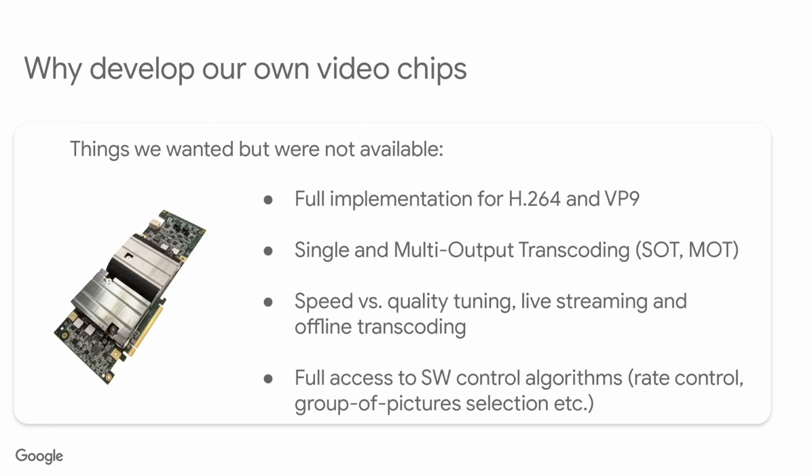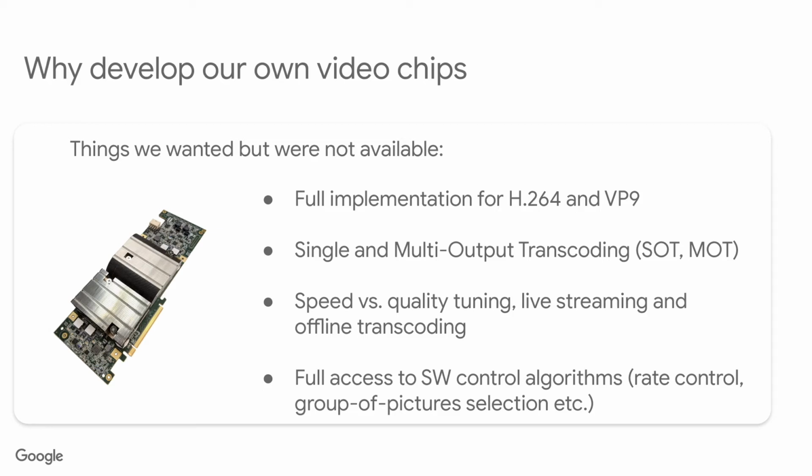In addition to the general lack of encoders without cost trade-off, there were also other things we could not find available in off-the-shelf offering. First of all, there were no VP9 encoders available. For each decoded video frame, we wanted to be able to encode tens of different versions with changing resolution and format, a feature that we call multi-output transcoding.